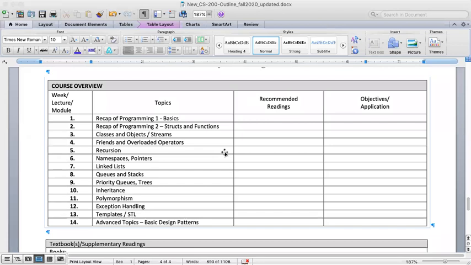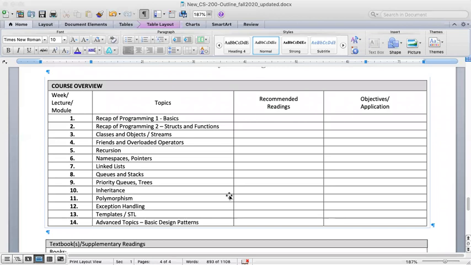Obviously, pointers, you have already studied that, but we'll also see how pointers are used in the context of classes and objects. Linked lists, queues and stacks, priority queues. So these are some of the initial, or some basic data structures that would be introduced to you.